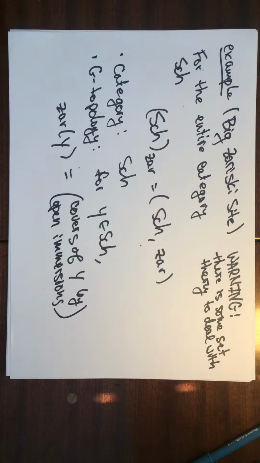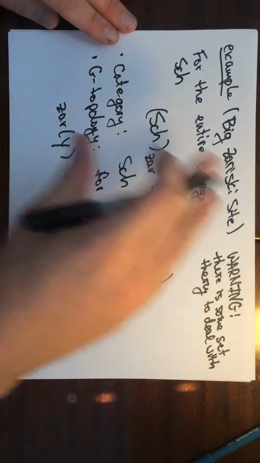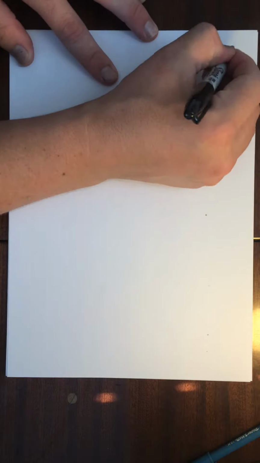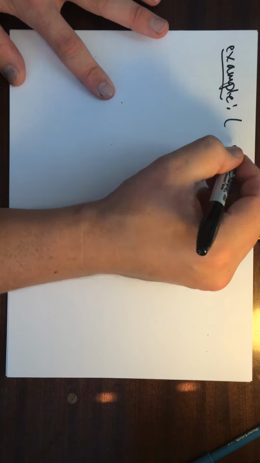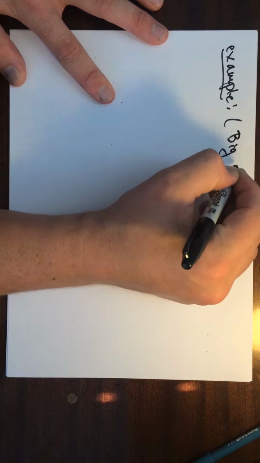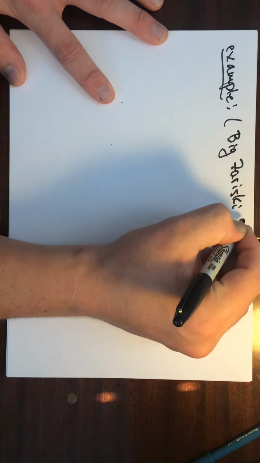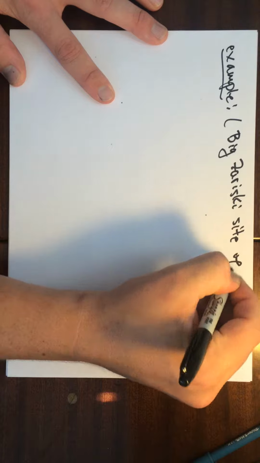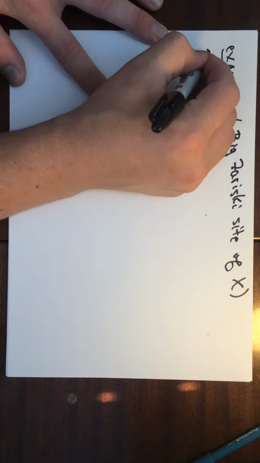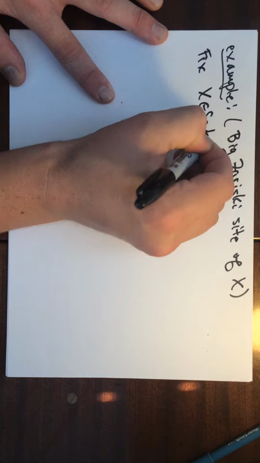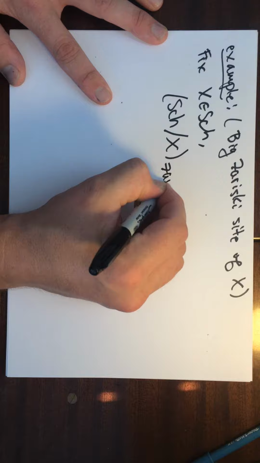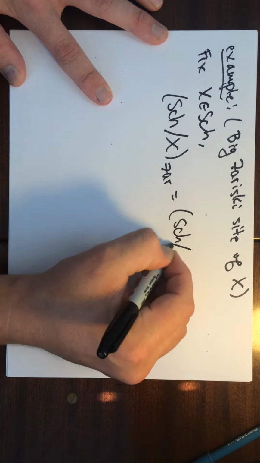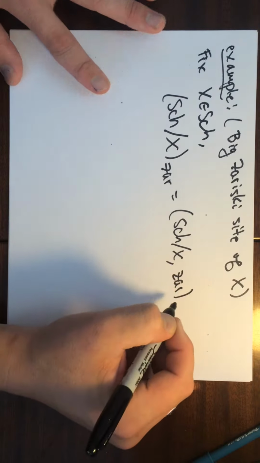Okay, so this is this one, and then the last version is that there's kind of a relative version. So the big Zariski site of, let's say, a fixed scheme. So here we're going to fix X, a scheme, and we're going to look at the category of schemes over X, and we're going to look at this Zariski topology again.